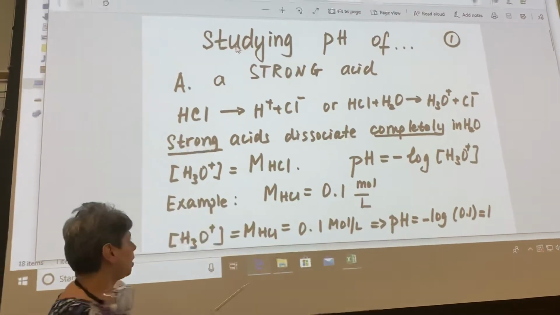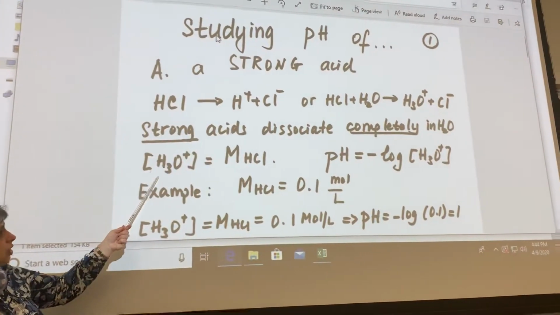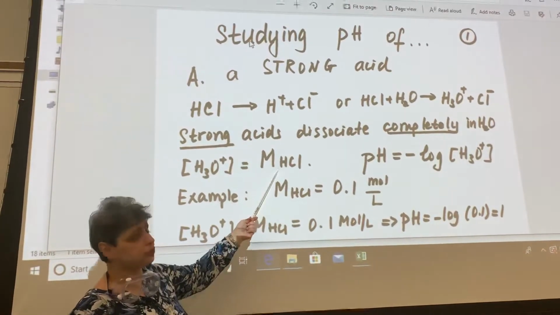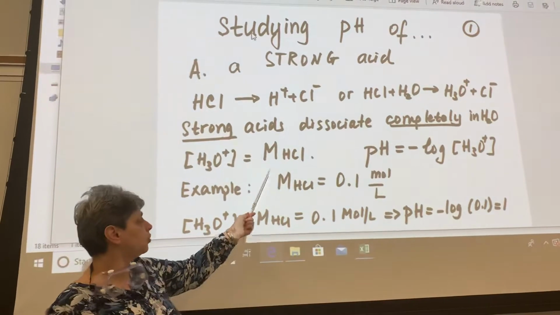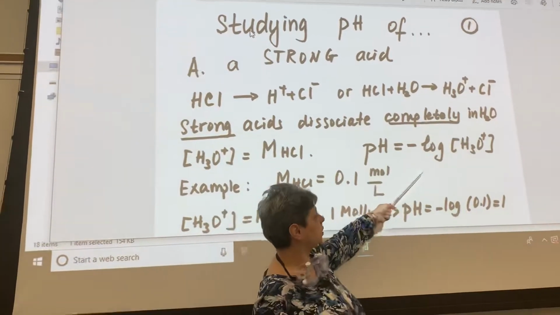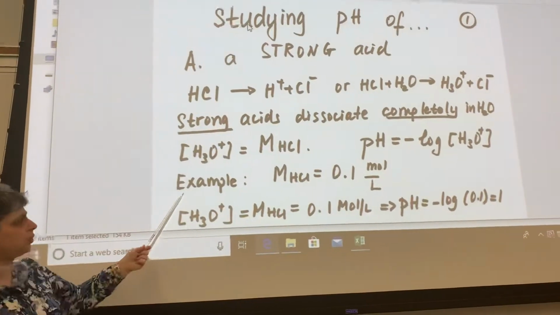And so, talking about calculating pH for a strong acid, the concentration of hydronium ion is expected to be equal to the molarity of HCl that you started with. And then, of course, once you know the hydronium ion concentration, you can find its pH by taking the negative log of the hydronium ion concentration. Let's consider an example.